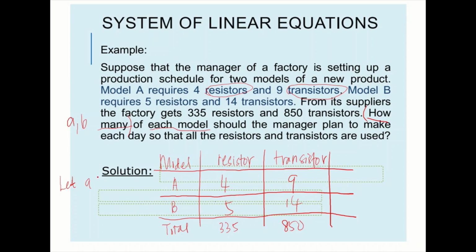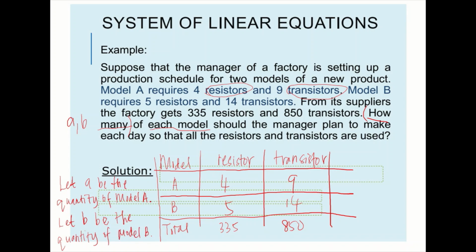So we say let A be the quantity of model A. Student, you have to declare the variable so that your reader knows what A and B are. So let B be the quantity of model B.